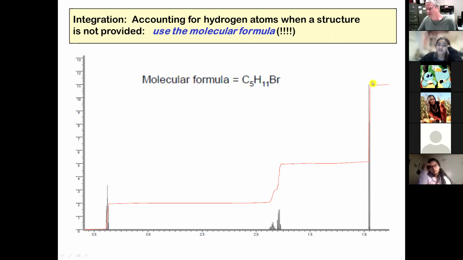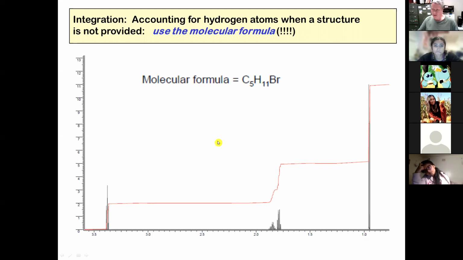What is 3 CH3s? There'd be 9. But if this is 9, what's 11 minus 9? It's 2. This can't be 2 protons, right? The only logical thing is 6 protons here. 2 CH3s is 6, and we have 5, and then it's going to be 2 to 1 to 2 to 6, which is 11, right?